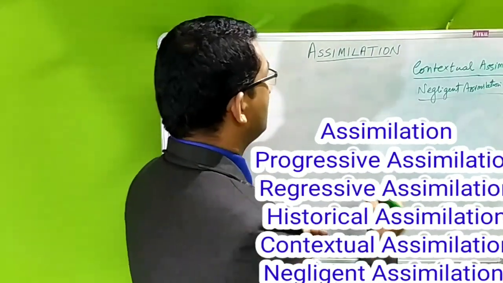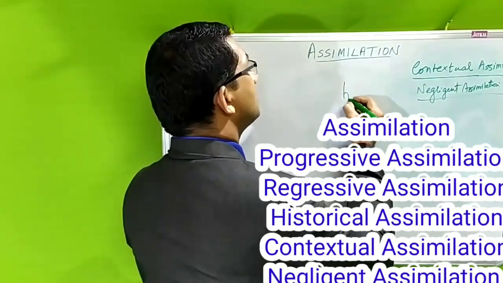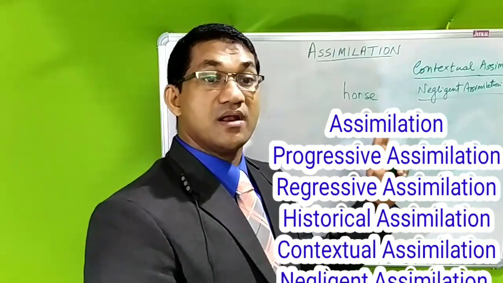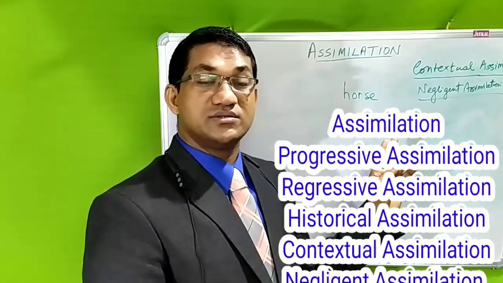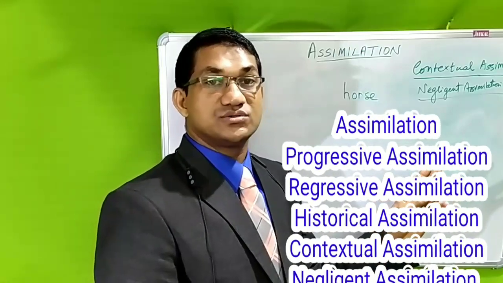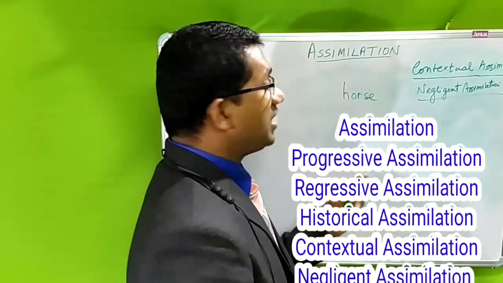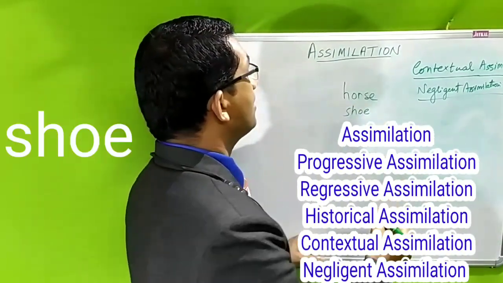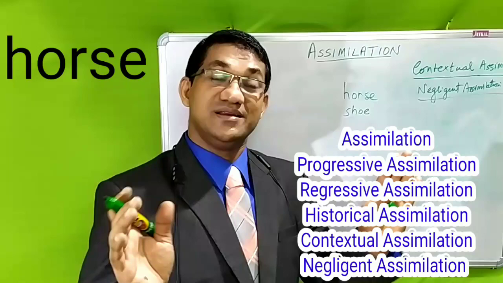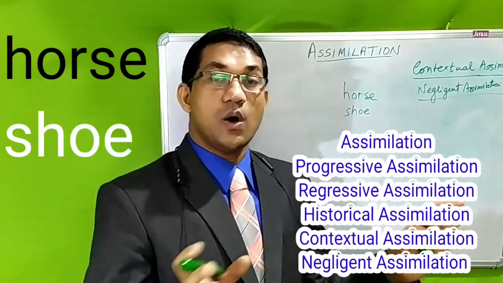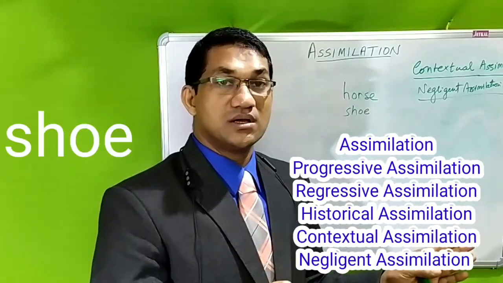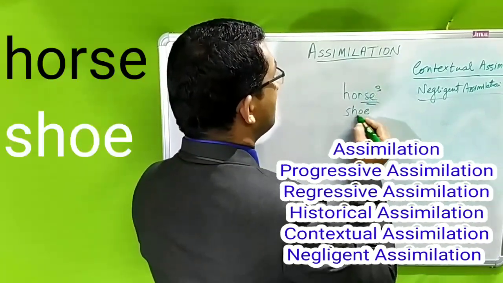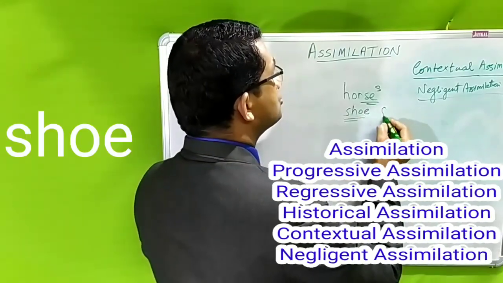So we have a compound. We have a word like horse, and another word like shoe. It is horse shoe, and here we have the sound s, and here we have the sound sh.